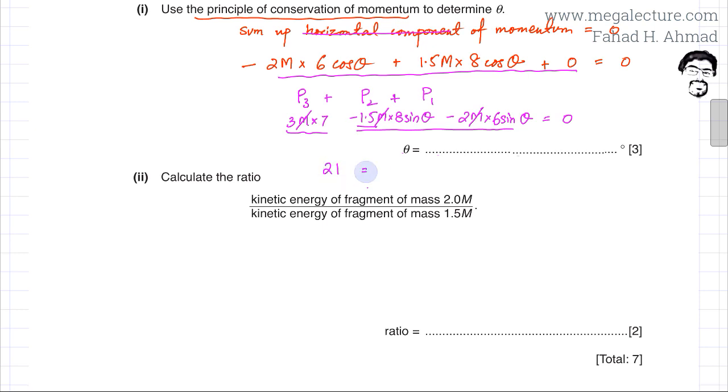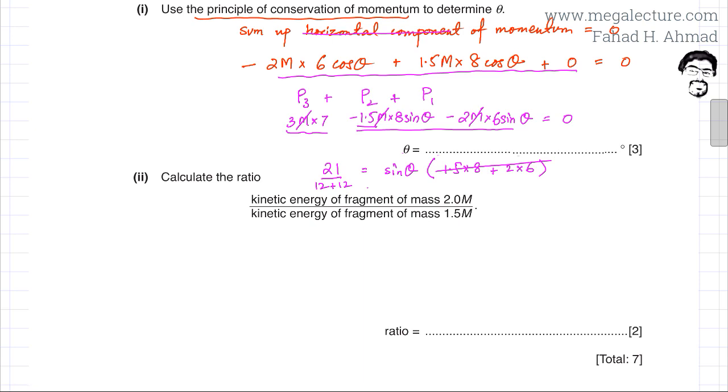If I take sine theta common, then it's going to be minus 1.5 multiplied by 8 plus 2 multiplied by 6. And taking this entire thing to the other side, 1.5 into 8 is 12, plus 2 into 6 is also 12.